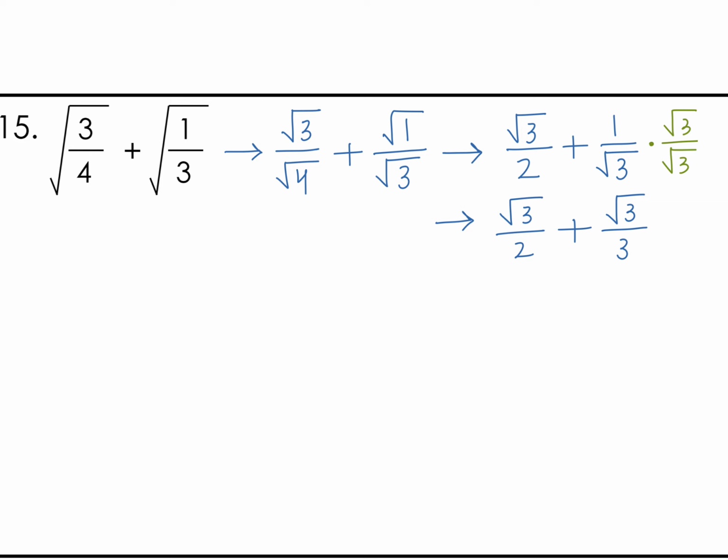And so what I'm going to do is I'm going to multiply this first fraction by 3 over 3. And the second fraction I'm going to multiply by 2 over 2. And this is going to give me 3 square root of 3 over 6 plus, and then we'll have 2 square root of 3 over 6.